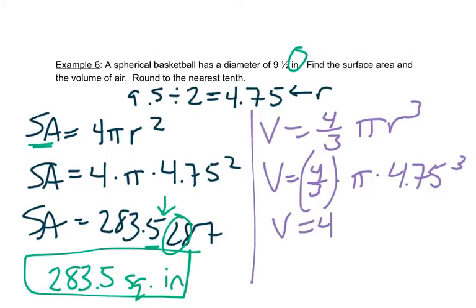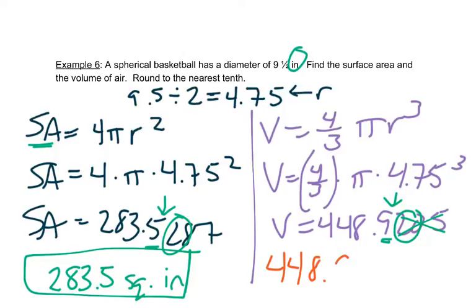And we get 448.9205. Again, we want to round to the nearest tenth, so the 2 after it tells us to leave the 9 at 9. So our final answer here is 448.9, and because it's volume, it's cubic inches.